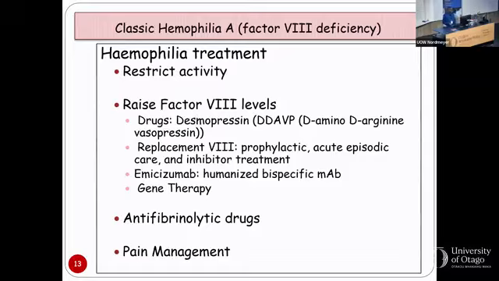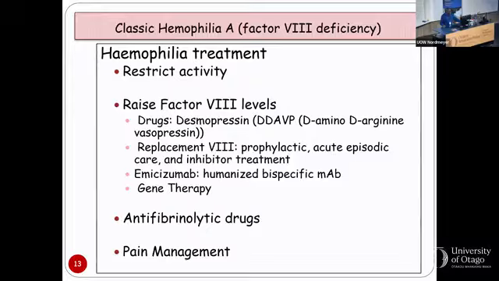But in terms of replacing factor 8, we could do it prophylactically, or in response to some injury. There can also be development of inhibitors, basically antibodies against the recombinant factor 8 or the external factor 8 that was used to treat the person.